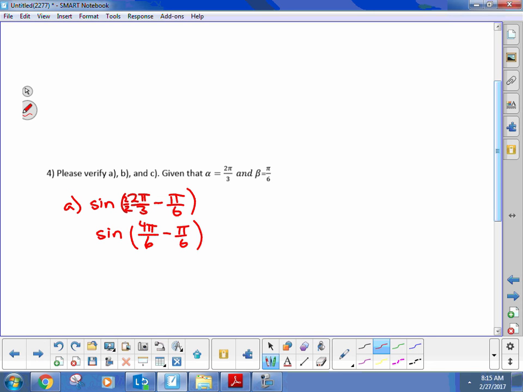Then the result of this comes out being sine of 3 pi over 6, and the reduction of that comes out being pi over 2. So sine of pi over 2, you look at the unit circle.